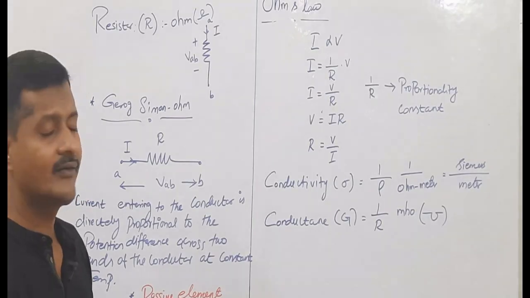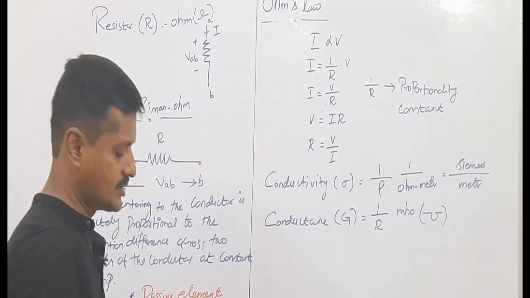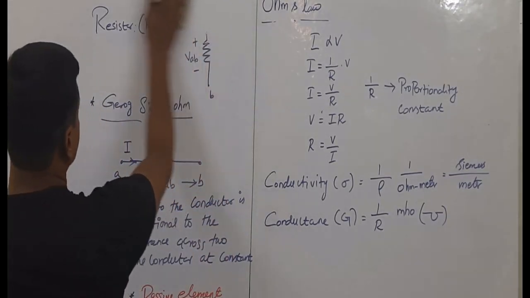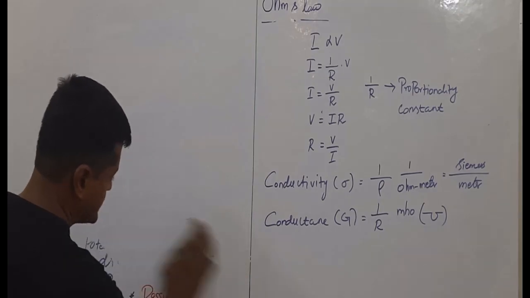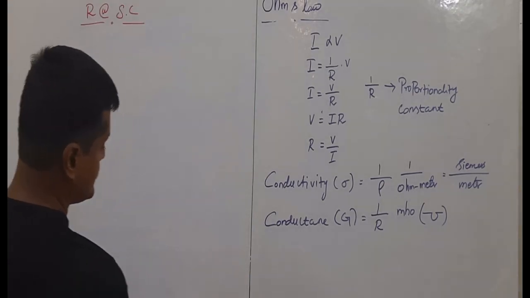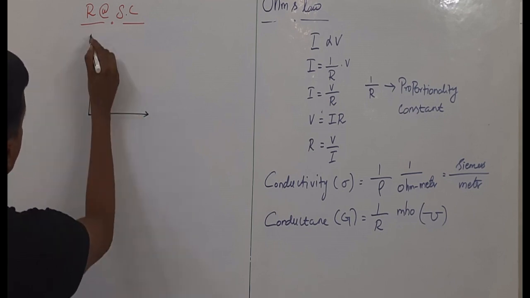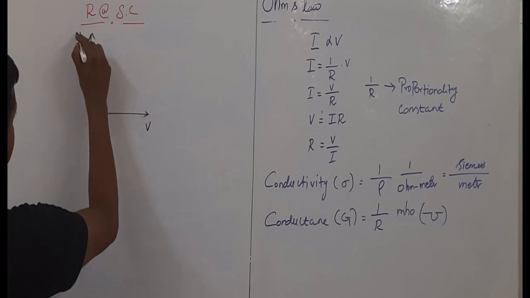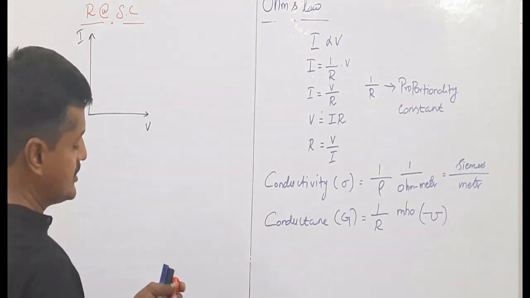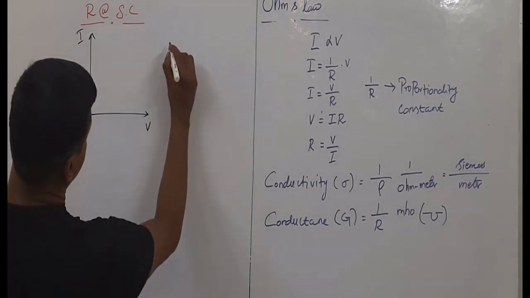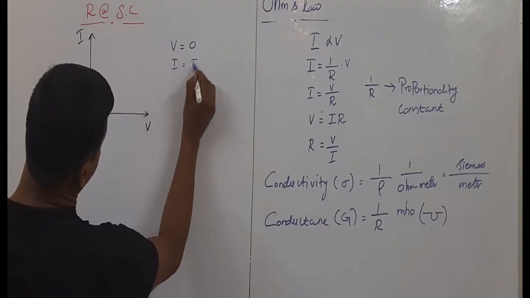Next, what is the value of resistance at short circuit and open circuit? We are going to discuss now. At short circuit condition, what is the value of voltage? Voltage equals 0, so current will be the maximum.